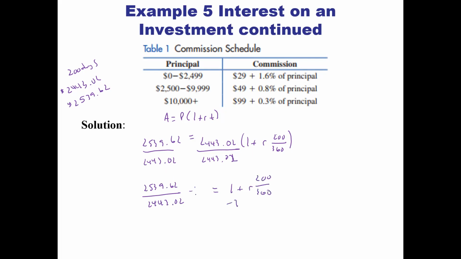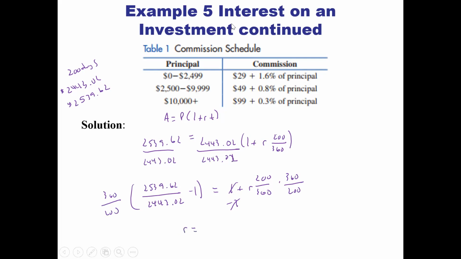We'll subtract 1 from both sides, and then this is gone. Then we're going to multiply by the reciprocal, 360 over 200. So we multiply that whole thing by 360 over 200, and this is what we're looking for, that's going to be our rate.